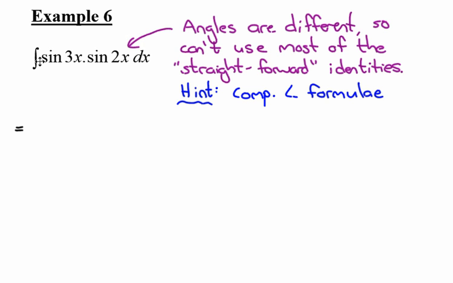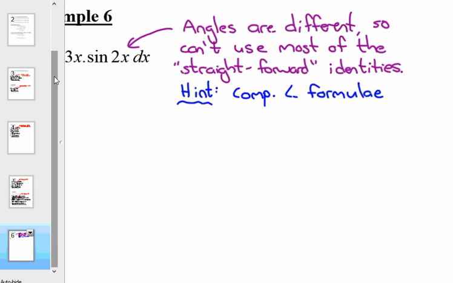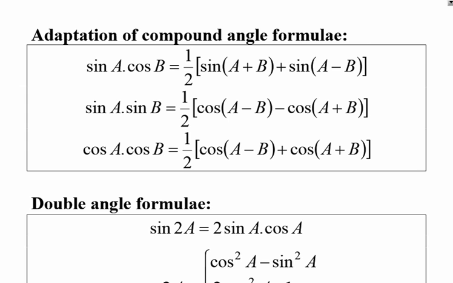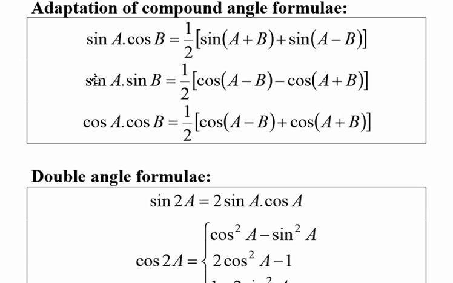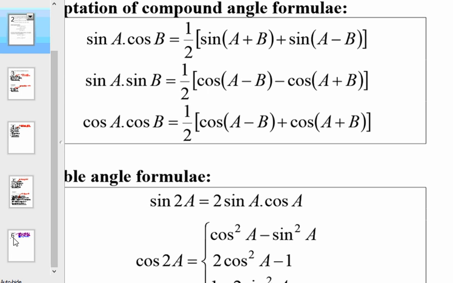Let's see if we've got a compound angle formula that's got sine of an angle times sine of a different angle. Here we go. Sine of an angle times sine of a different angle is that story there. So that's what I'm going to change it to. Notice A is my first angle, B is my second angle. So let's go down and do that.